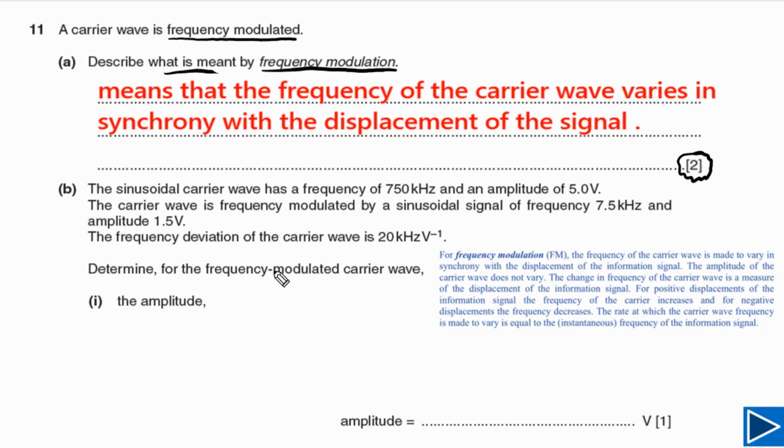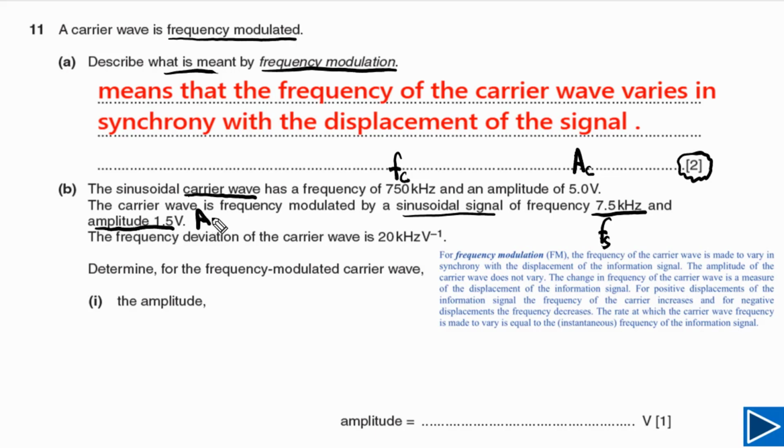Now let's move on to the next one. If we read this question carefully, the frequency of the carrier wave is given to us, and the amplitude of the carrier wave is also given. The carrier wave is modulated by a signal, and the frequency of the signal is given, and the amplitude of the signal is also given.